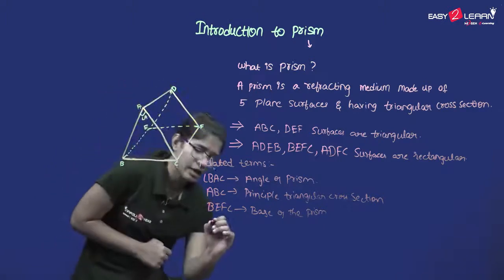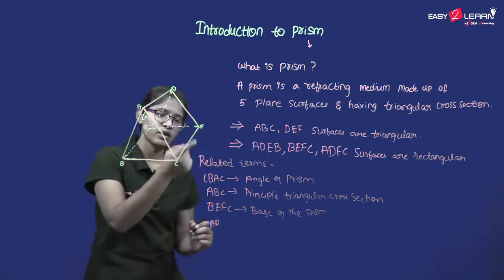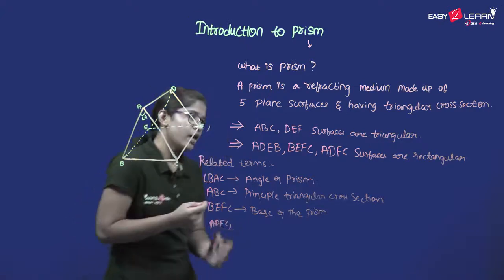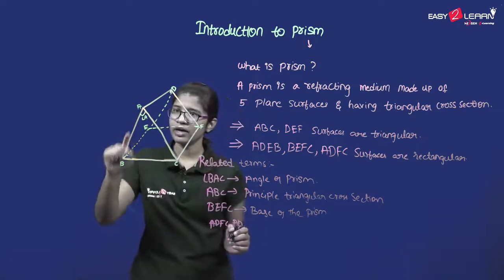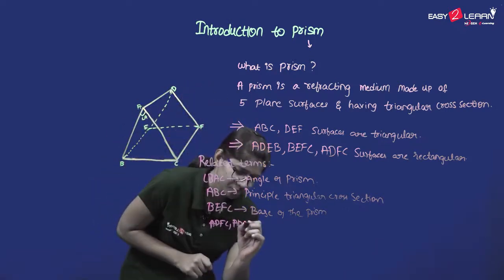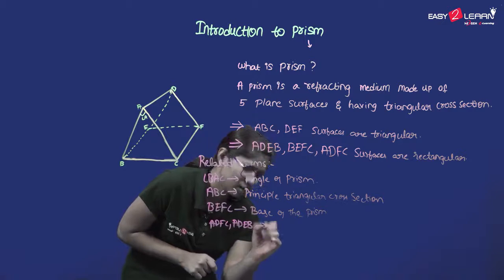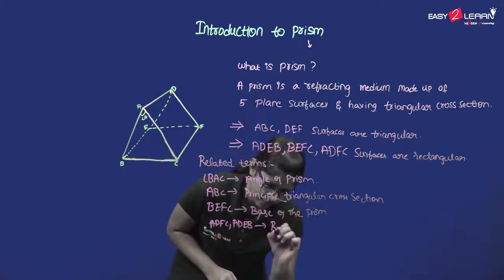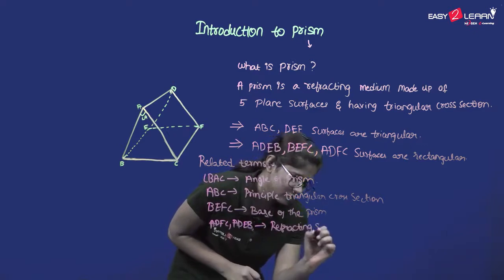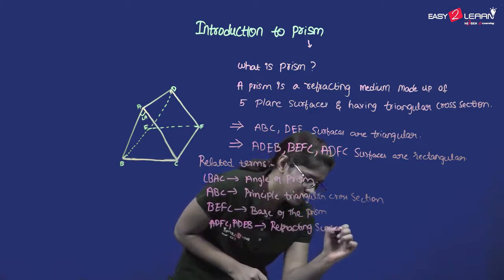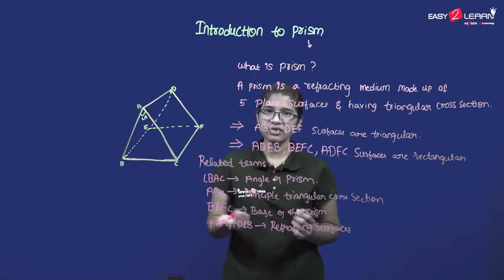So ADFC and the other one, ADEB, are refracting surfaces which are able to refract the light.